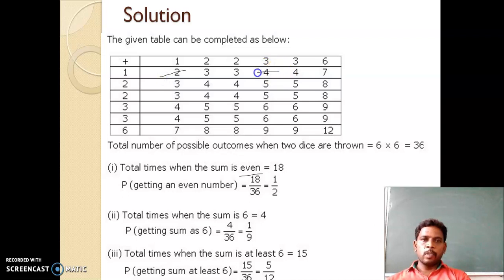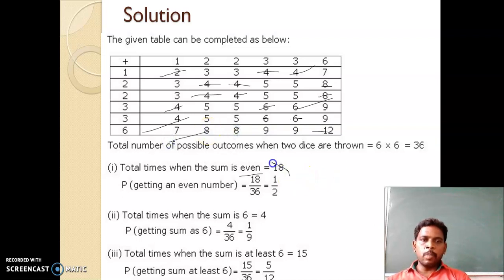So here 1, 2 and 3, and similarly here 4, 5, 6, 7, 8, 9, 10, 11, and this one 12, 13, 14, 15, 16, 17, 18.